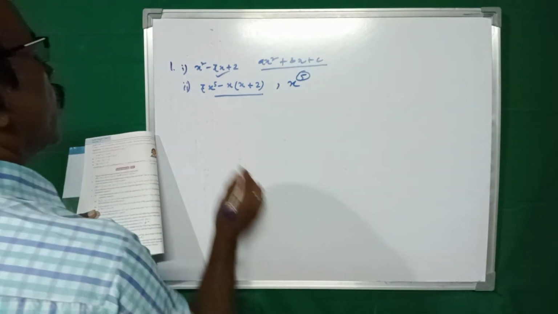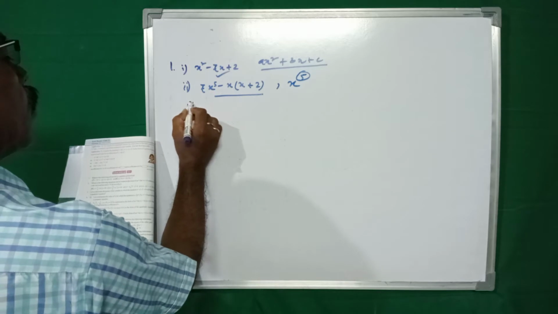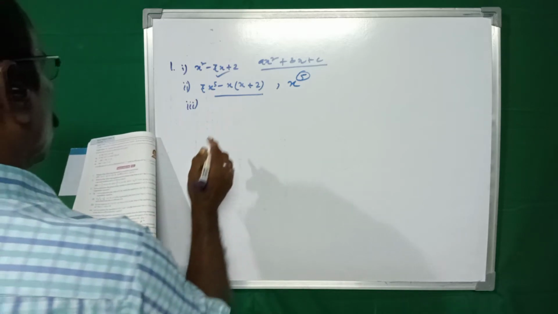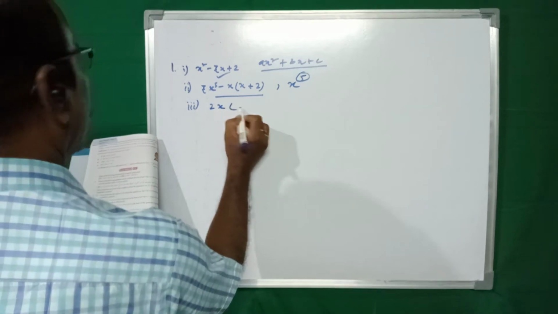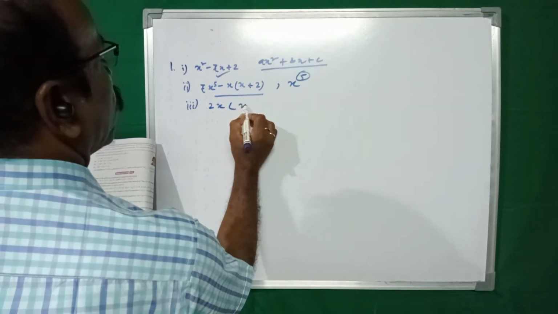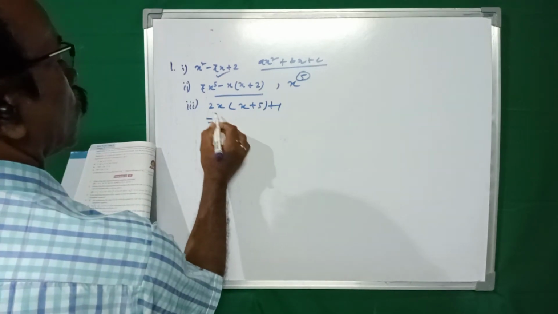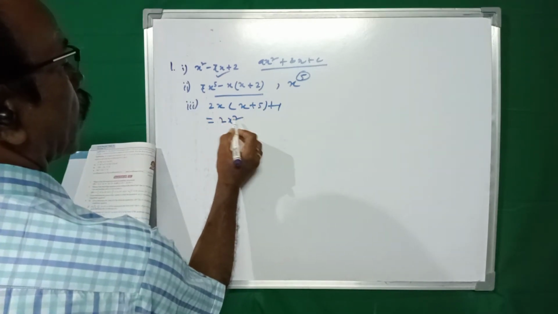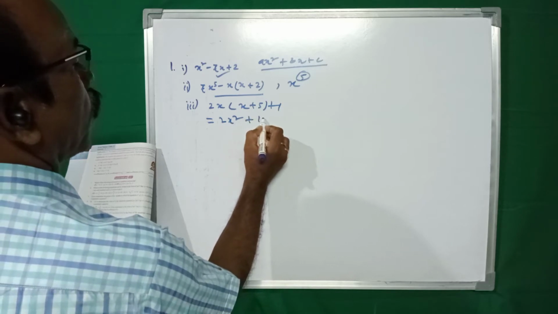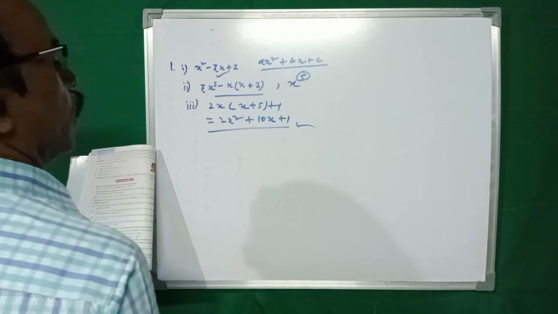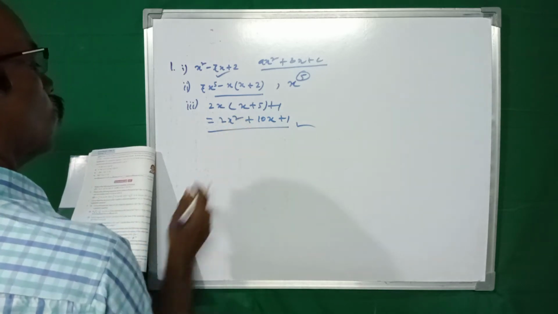Now in question number 3, 2x into x plus 5 plus 1, which is 2x square plus 10x plus 1. It is a quadratic polynomial because the power of x is 2.